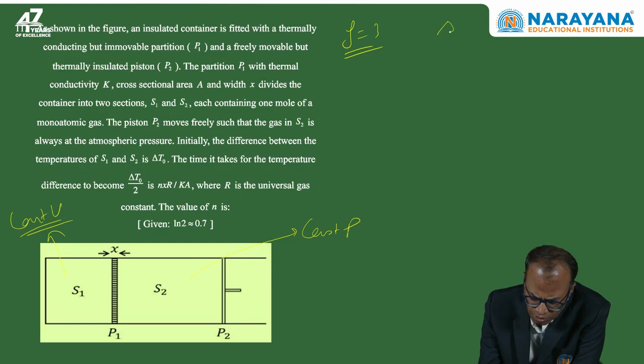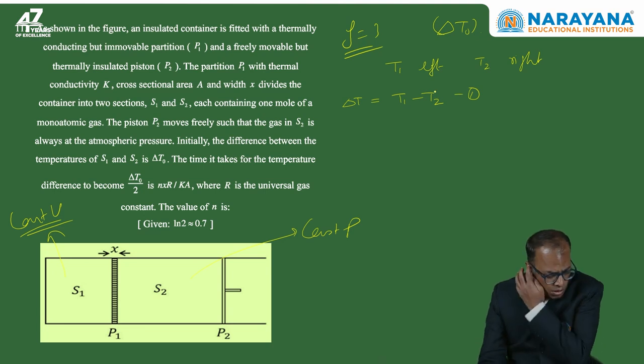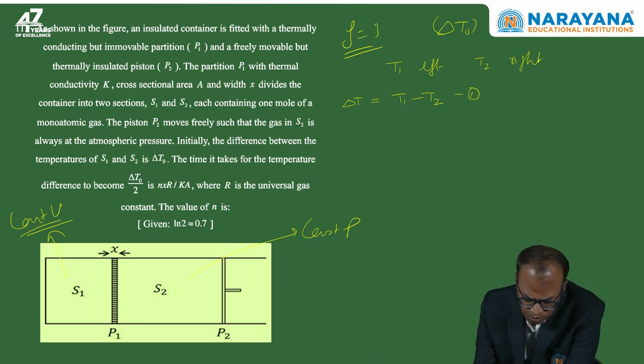So initial temperature difference is delta T naught. At any later instant, if the temperature is T1 for the left chamber and T2 for the right chamber, then T1 minus T2 is the instantaneous value of delta T. Now heat will travel from S1 to S2 and this will cause a change in temperature.